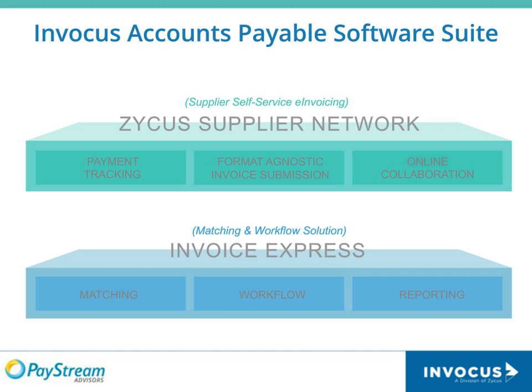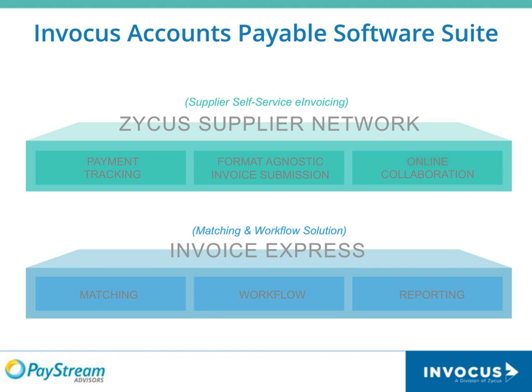So that means from the largest, most sophisticated suppliers to some of the smaller or mid-sized businesses with less sophisticated technology on their side. Once at the portal, they can initiate those e-invoice transactions, collaborate electronically with the buying organization, with the AP group, and track the invoice approval and payment status.